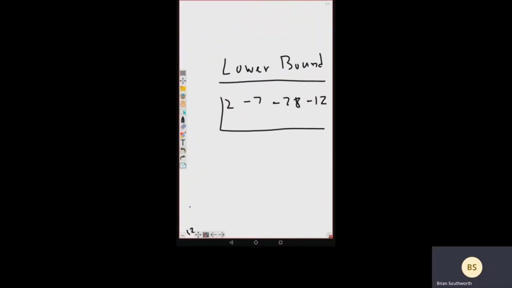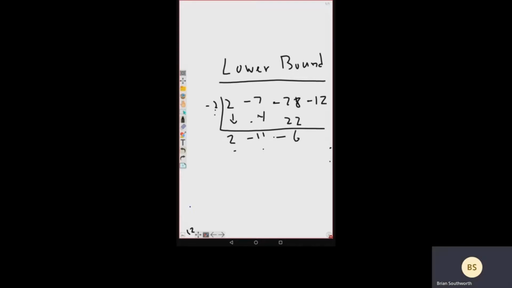And try out, say, minus 2. Bring down the 2. 2 times minus 2 is minus 4. That's a minus 11. So far, so good, right? I got positive and I got a negative. Minus 11 times minus 2 is positive 22, which gives you negative 6.